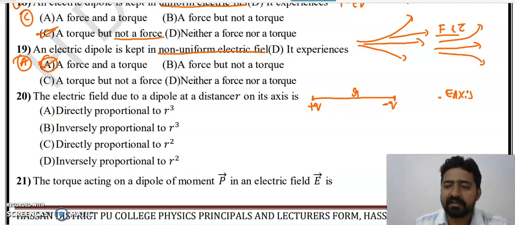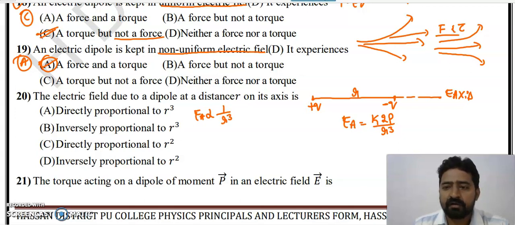They asked about the axis. So on the axis, the electric field is equal to k, 1 divided by 4 pi epsilon naught, 2p divided by r cube. So how is it related? The electric field on the axis is inversely proportional to r cube.